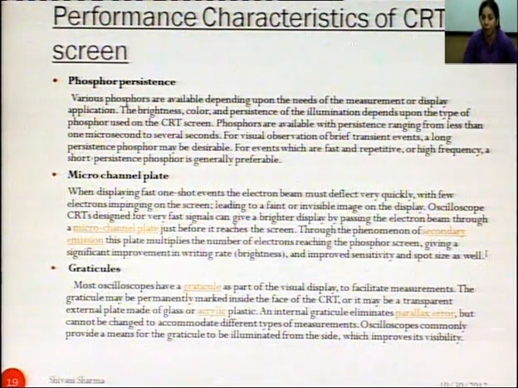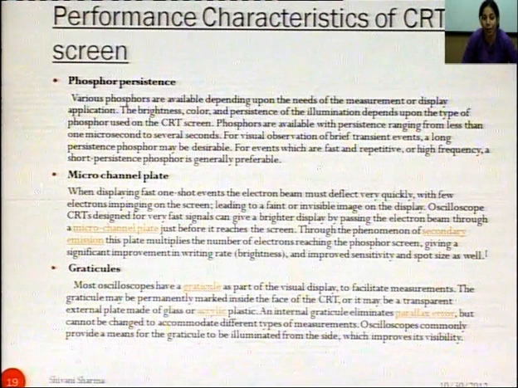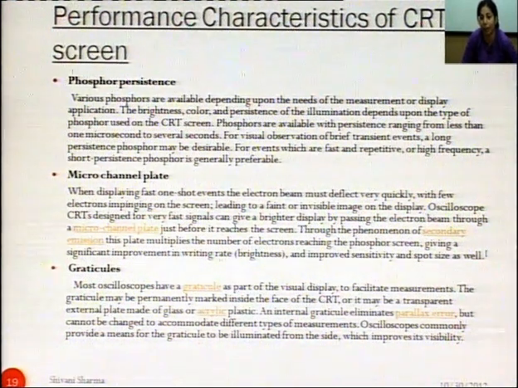Then we have the microchannel plate. When displaying a fast one-shot event, the electron gun must deflect very quickly with few electrons impinging on the screen, leading to a faint or invisible image on the display. So, an oscilloscope CRT designed for very fast signals can give a brighter display by passing the electron beam through a microchannel plate just before it reaches the screen, through the phenomenon of secondary emission.